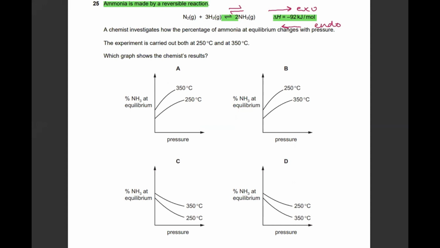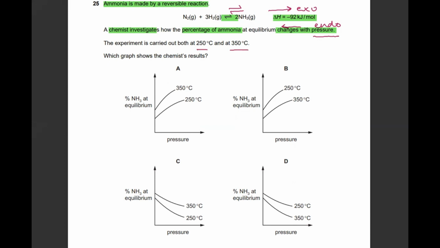Now it says that a chemist investigated how the percentage of ammonia at equilibrium changes with pressure. So the highlighted thing is pressure. When the pressure is changed, how does the percentage of ammonia change? And the experiment was carried out at two temperatures, 250 and 350.